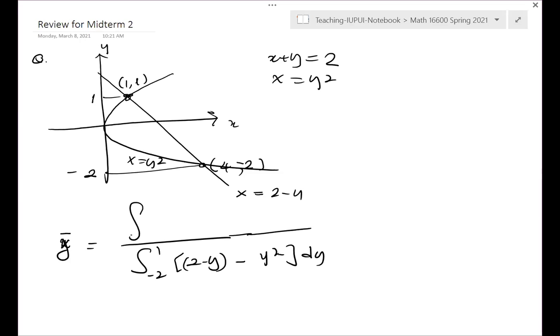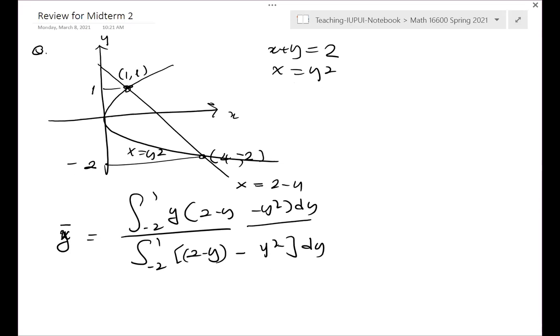Okay, and then if you really want to use a formula in the book, you have to find the y bar first, from -2 to 1, and that is going to be the integral of y times 2 minus y minus y squared dy. Okay, so this is the first function, second function.